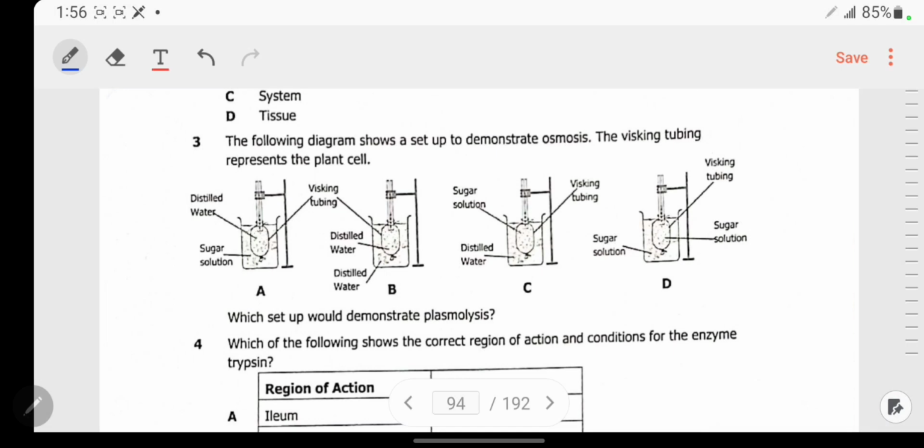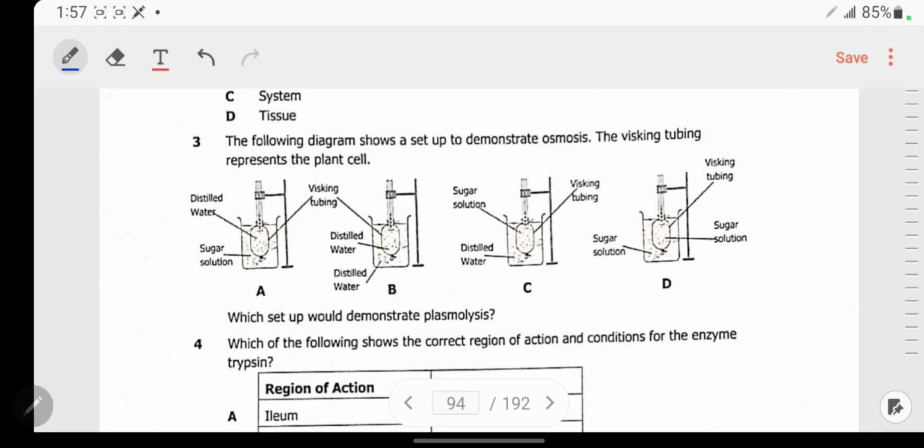So it's moving from inside the visking tubing to the outside. The visking tubing represents the cell membrane because it allows some items to enter while others do not. So, since we are looking at where plasmolysis will take place, we are looking at the process in which water molecules will move out of the cell.